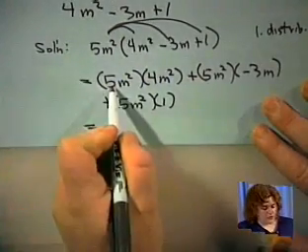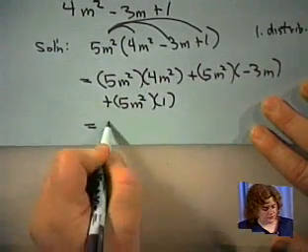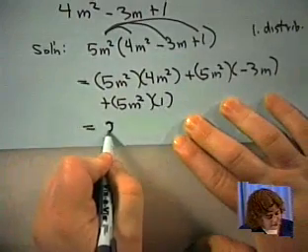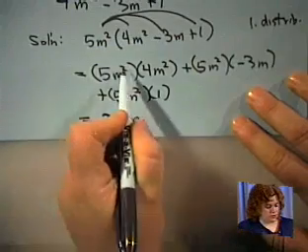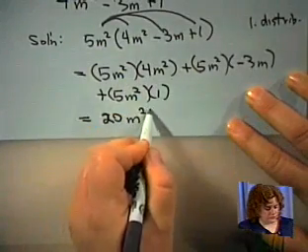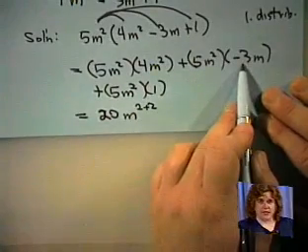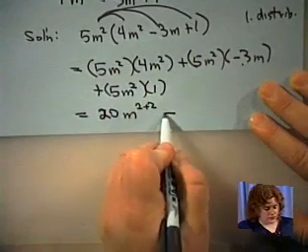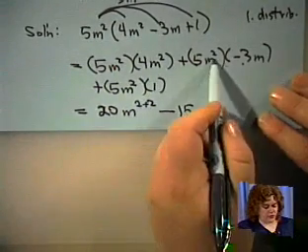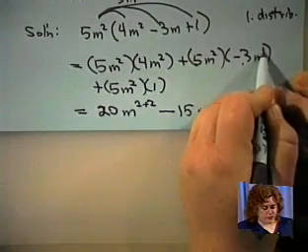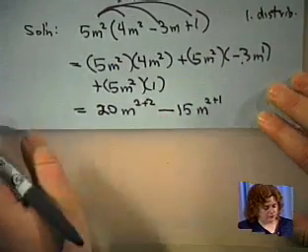Well, going one at a time, 5 times 4 is 20, and we're going to have m raised to the power 2 plus 2. Then we'll have 5 times a negative 3, which will get us a negative 15. So we can write minus 15 m raised to the power 2 plus, remember, there's a 1 on that m, so we have a 2 plus 1.